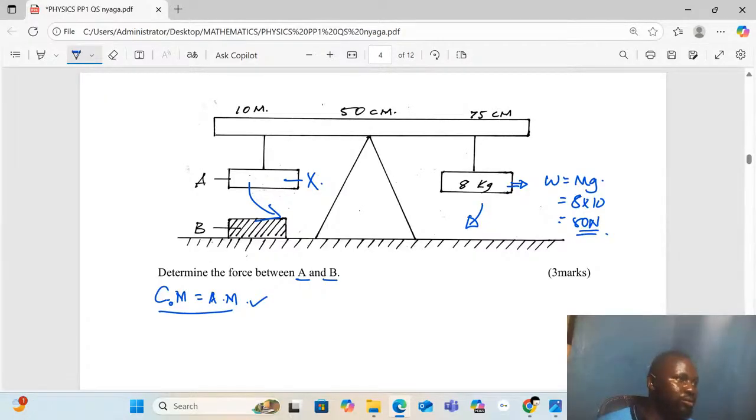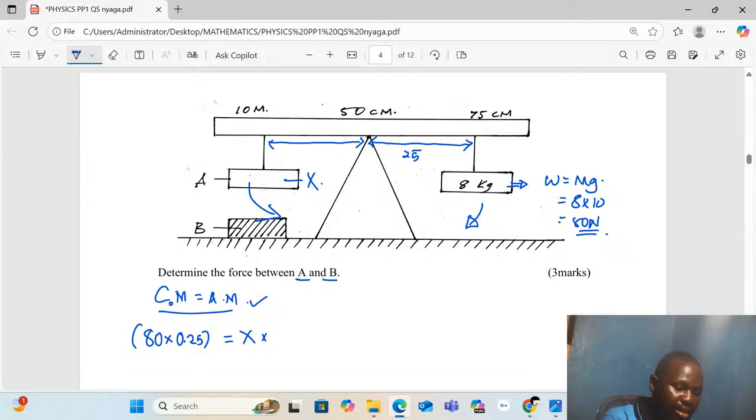So now we can proceed and substitute these values in this equation. 80 newtons times the perpendicular distance from the pivot, between 75 and 50, we have a gap of 25 centimeters. 25 centimeters is equivalent to 0.25 meters, is equal to a force X times a perpendicular distance.